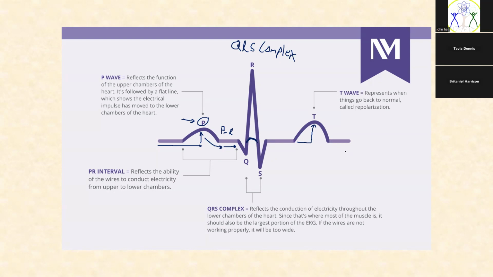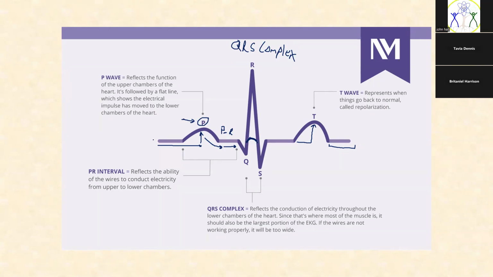And then from there, of course, everybody flatlines, goes back to normal until you have atrial contraction again. This, of course, is your refractory period, right? So during this period, the atria can't contract yet, can't receive another signal of a contraction yet.